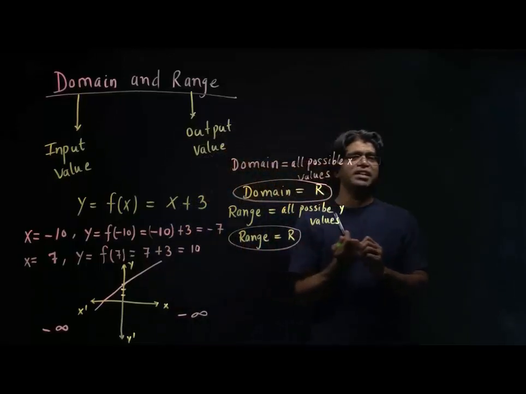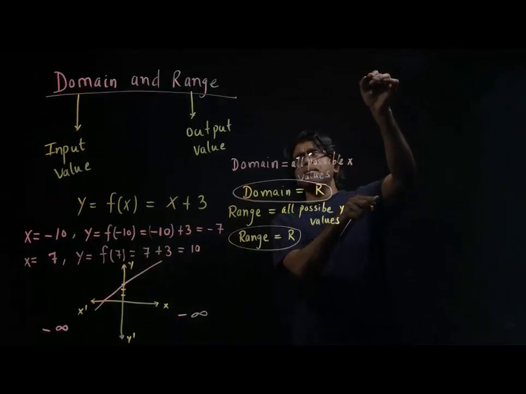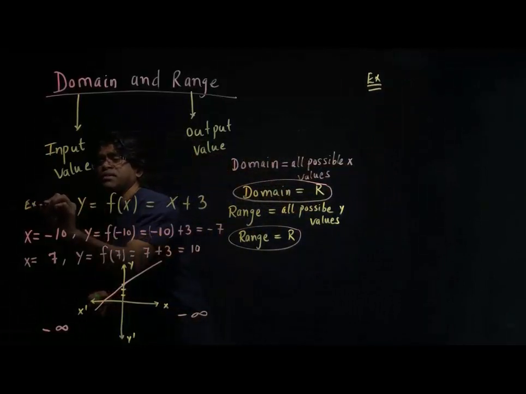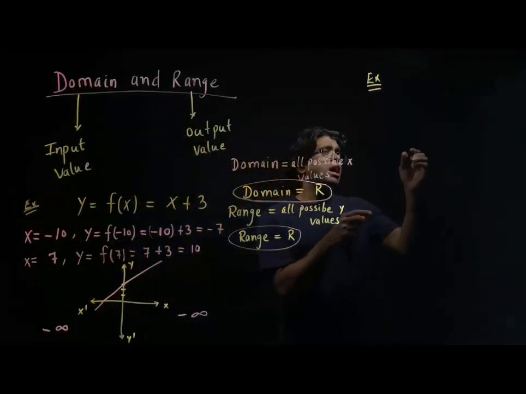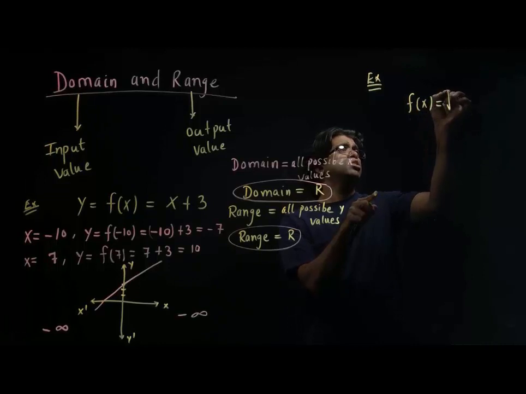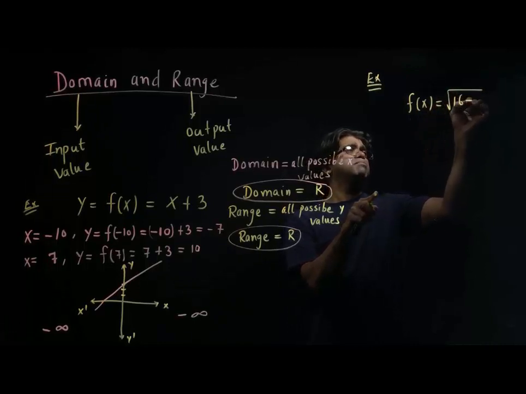Now let's consider another example. This was my first example. My second example is, I'm going to consider a function. My function is f of x is equal to the square root of 16 minus x squared.